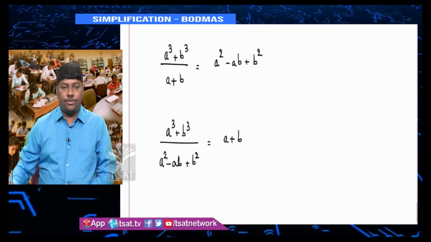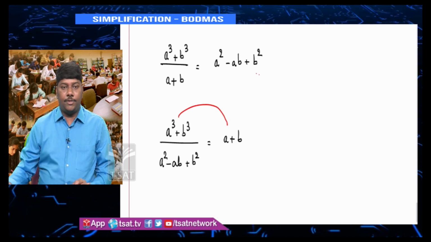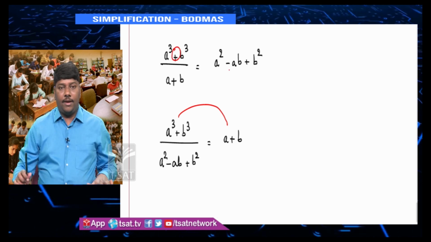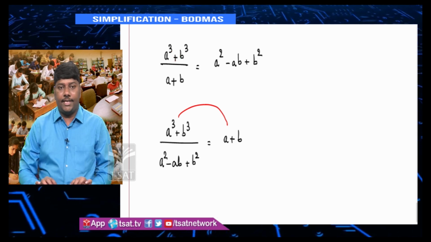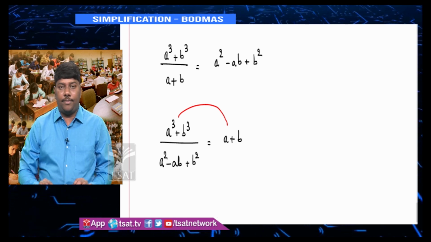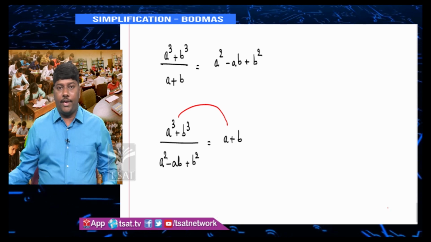This plus and plus should match when it comes to a plus b. So, when it is a square minus ab plus b square, if it is plus here, then it is minus here. Simply I am dividing the formula which I said earlier by a plus b and a square minus ab plus b square. Now, let us look at one or two sums based on this.